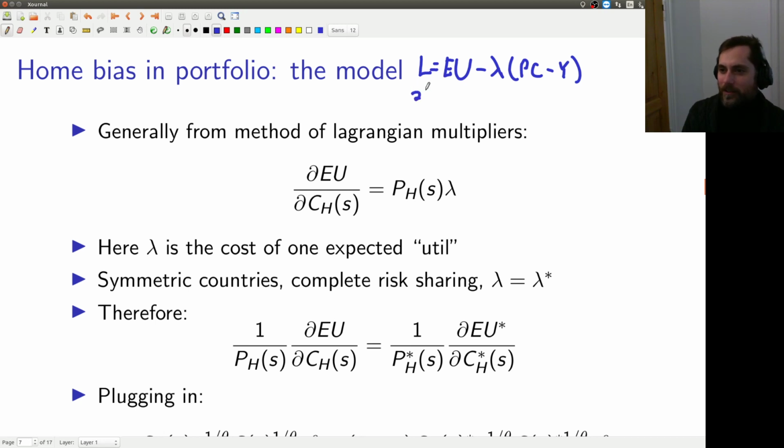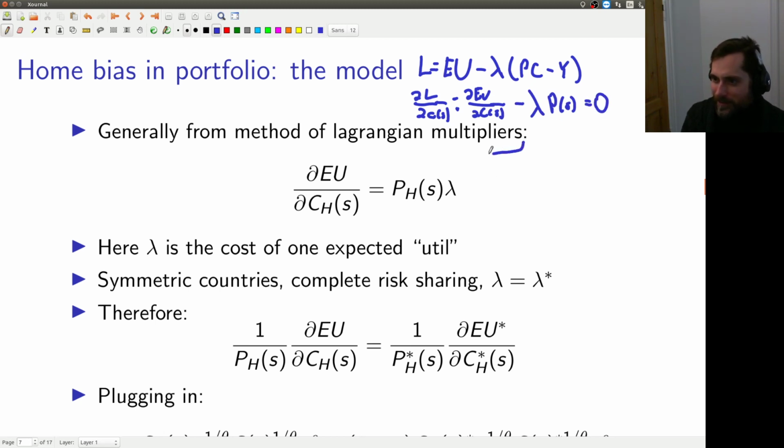So if we take the derivative of L with respect to C_S, one particular C, then it's going to be the derivative of EU with respect to C_S, this is all very abstract, minus lambda times P_S, and then set that equal to 0. And that's the thing that's giving us this equation here.